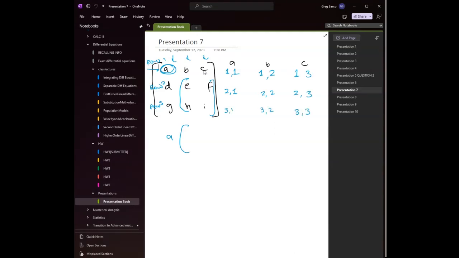Makes sense so far? So in order to take the determinant, you take the first component at 1, 1, and multiply it by the determinant of this little section here at the bottom right. So it would be E, F, H, I.